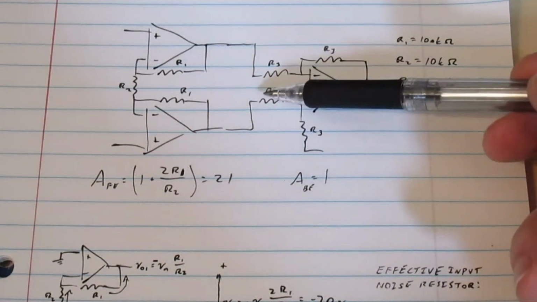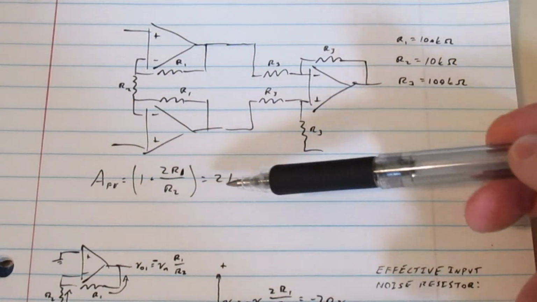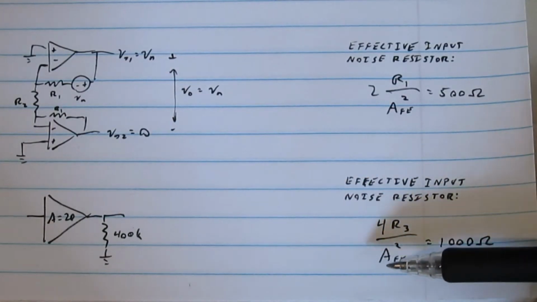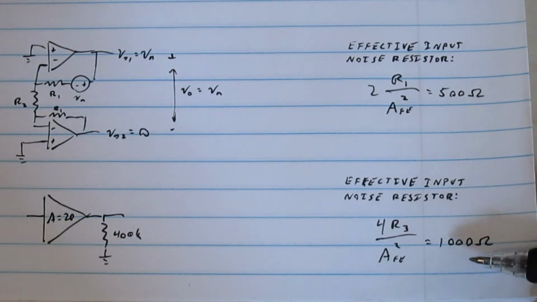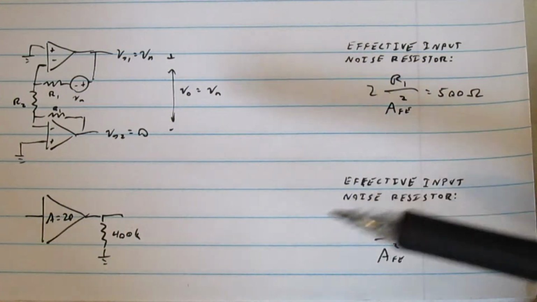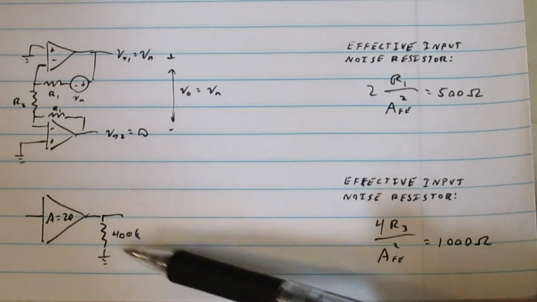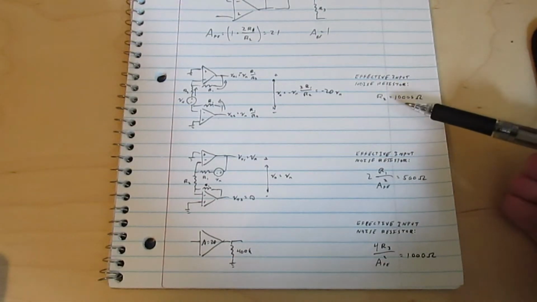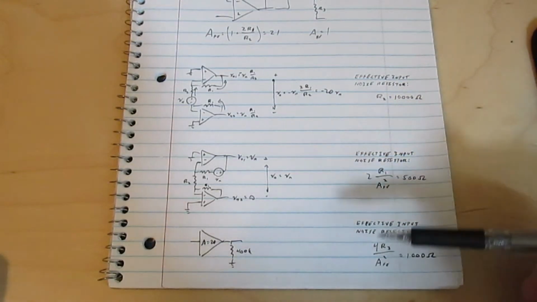And then we can relate that back to the input of the front end by dividing it by the gain of the front end squared. So if I use a gain of 20 again, because it works out better than 21, we end up with approximately a 1 kiloohm resistor at the input, giving the same amount of noise as this 400 kiloohm resistor at the output. So you can see that R2 has a much bigger impact on the noise of the amplifier than all the other resistors put together.